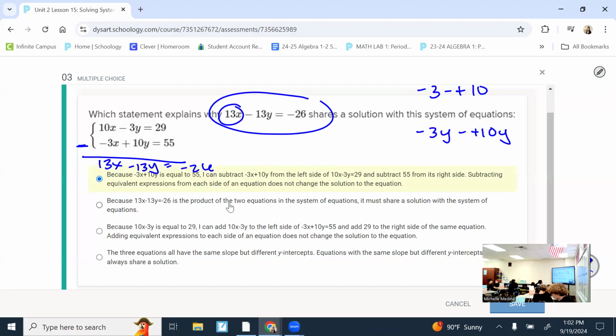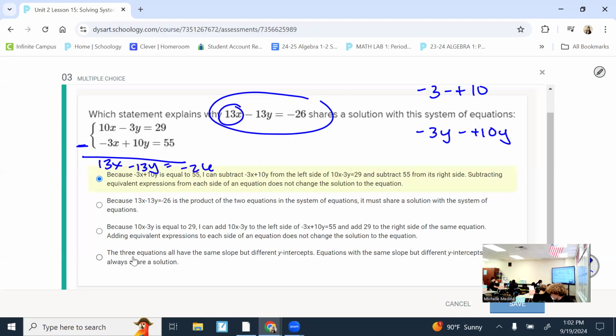We did not multiply these together. We did not add these together. And then this last option is more so talking about if I were to rearrange them in slope-intercept form, which is not something you need to do for solving by elimination. That wouldn't necessarily mean they have the same solution.